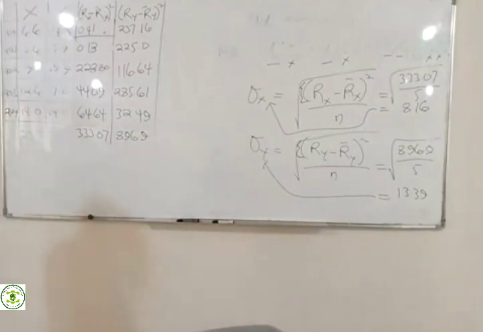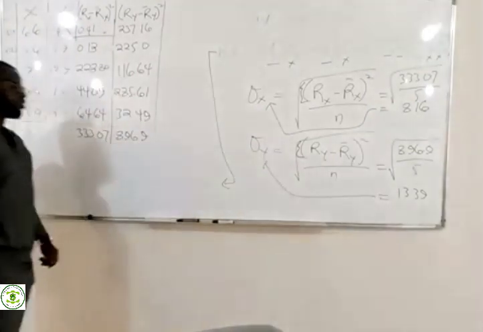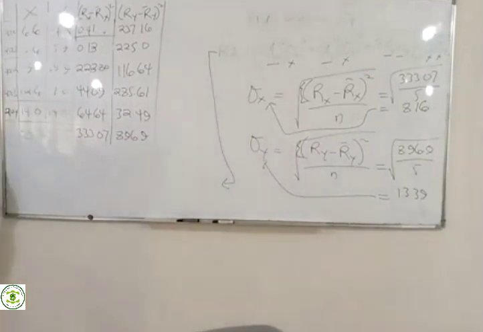Okay. Can we make progress? So from here, we come here. Our risk from the portfolio will be what?